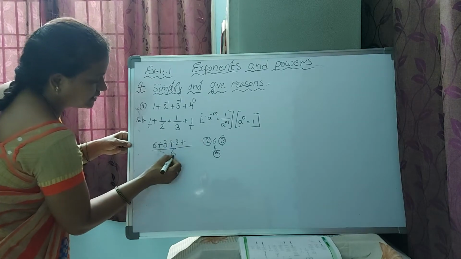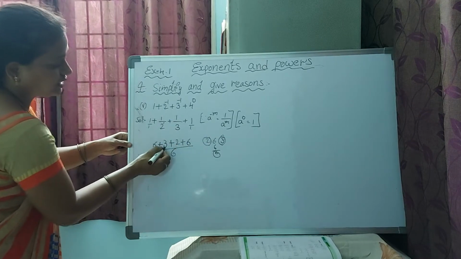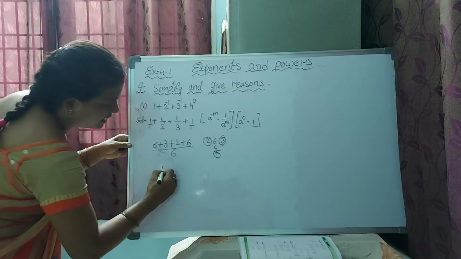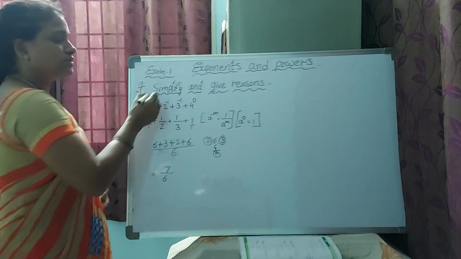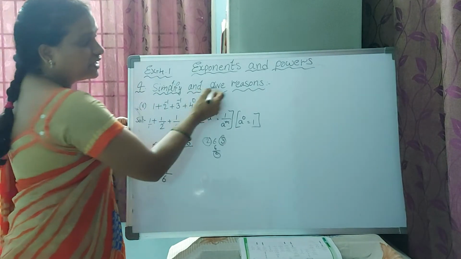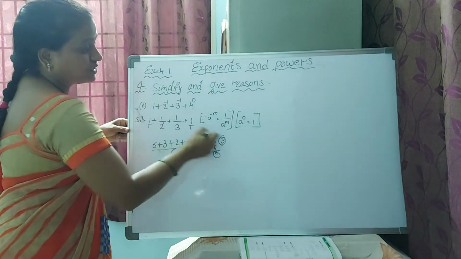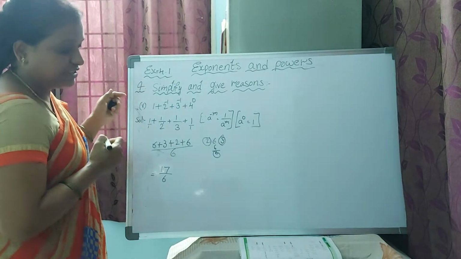Plus 1, 6 ones are 6. So 6, 7, 8, 9, 10, 11, 12, 13, 14, 15, 16, 17. 17 by 6 is the answer for this one. How to simplify? We simplified this one. Give reasons is nothing but you have to say according to which law we are changing that one.